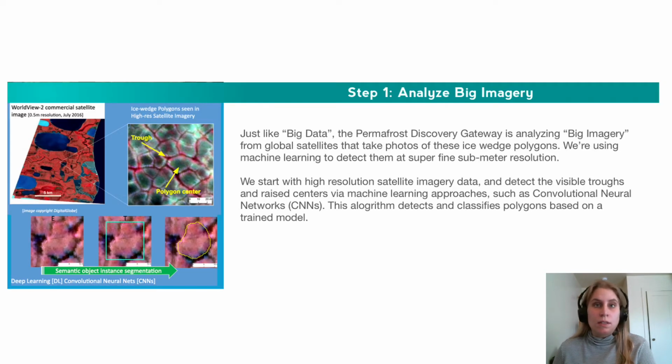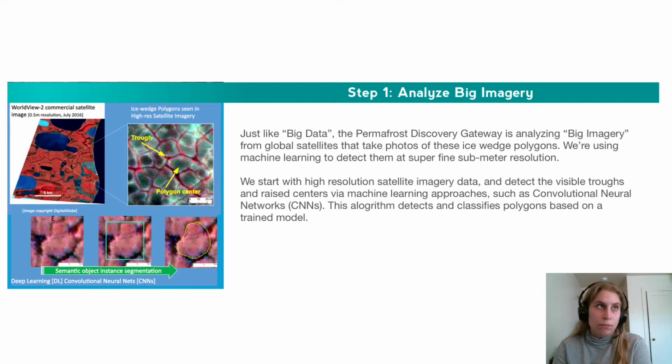So just like there's big data, the Permafrost Discovery Gateway is analyzing big imagery. These are coming from global satellites that take photos of these ice wedge polygons. And then we use machine learning to detect them at a super fine sub-meter resolution.